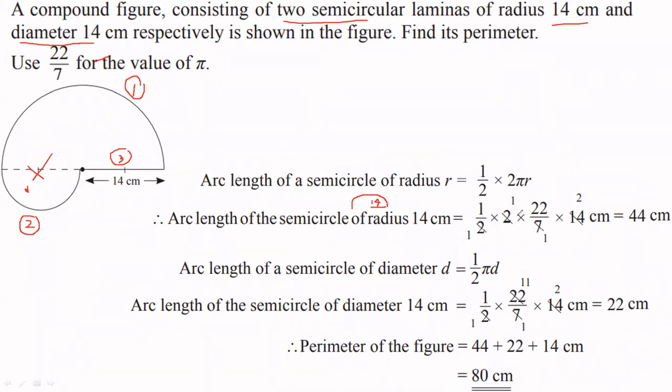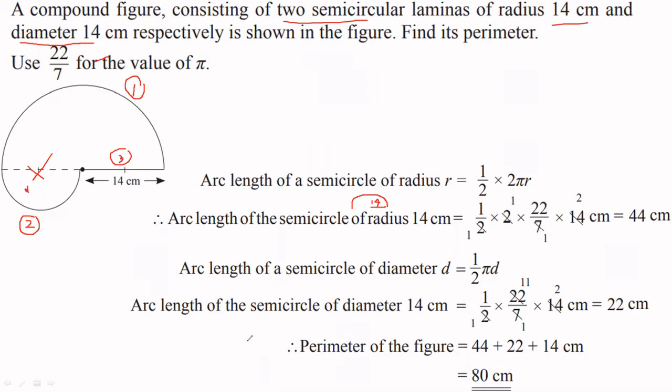So half into 2 into pi means 22/7 into, here the radius of the bigger semicircle is 14. So into 14. Cut this 7 with this 14. 7 into 1, 7 into 2. Cut this 2 with this 2. Then 1. Now let's multiply 1 into 1, 1. 22 multiplied with this 2. 2 into 2, 4. 2 into 2, 4. 44 centimeters.